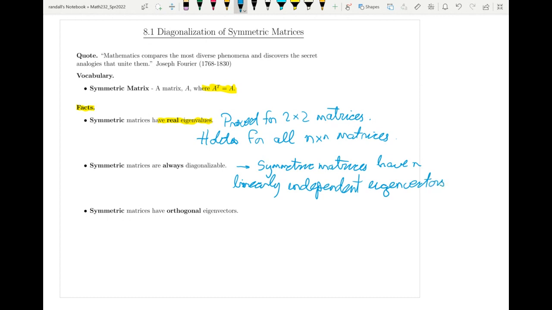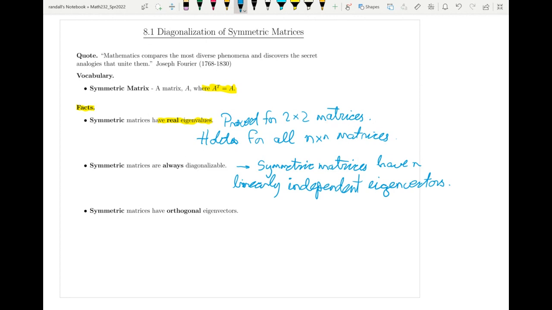If you recall, the criterion for a matrix to be diagonalizable was exactly this: it must have n linearly independent eigenvectors. Symmetric matrices always have n linearly independent eigenvectors.